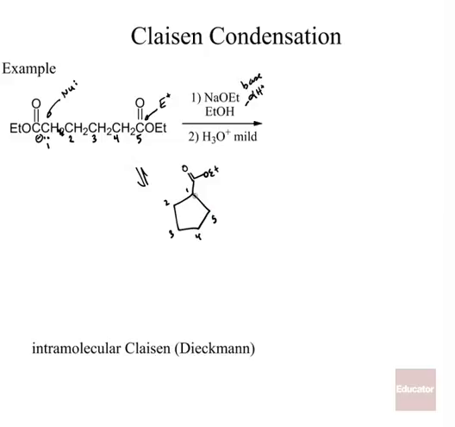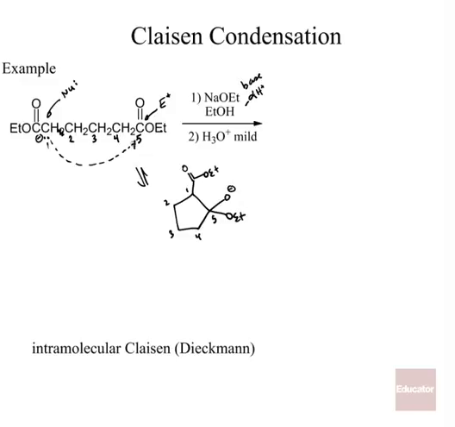It has the new bond to carbon 1, of course. Here we can show it as the bond that we're imagining forming. And what else does carbon 5 have? It has an O ethyl and it has an O minus. So that's what we would get as one of our intermediates after we deprotonated and attacked.